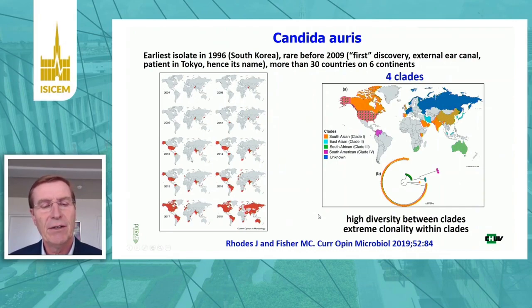On the left-hand side, you have the dissemination throughout the world. There are now 4 clades, a South and East Asian clade, a South African one, and a South American one. What is interesting is that there is a high diversity between the clades and an extreme clonality within clades, and it probably has emerged at the same time at various places.